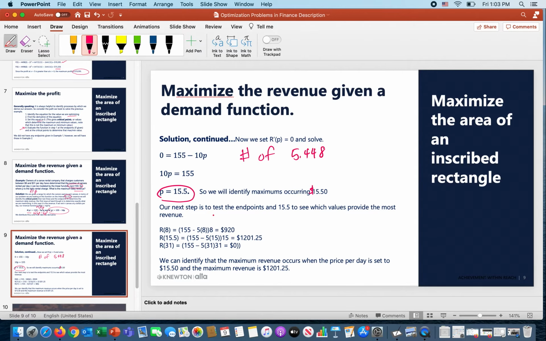I use 15.5. To figure out the biggest revenue, I've got to plug those endpoints into the revenue equation, and I also have to plug in 15.5. I think you can see from the numbers that 120125 is the largest amount of money that I can bring in. So the maximum revenue is 120125.